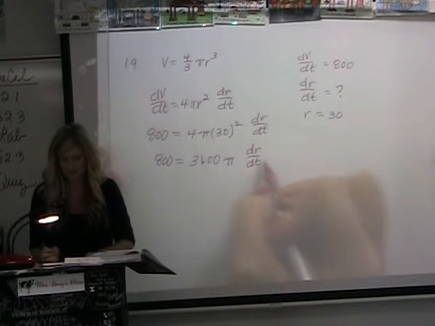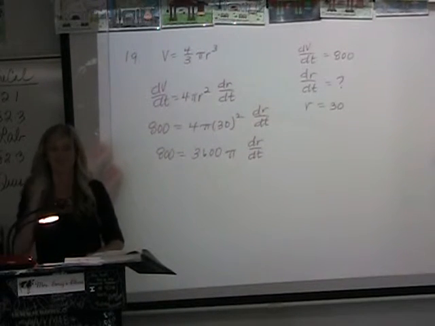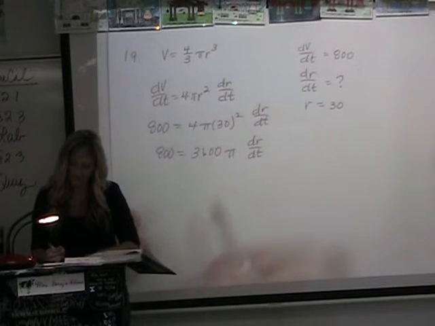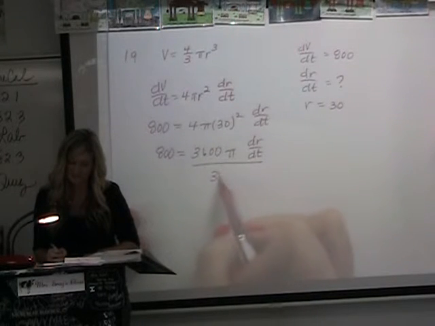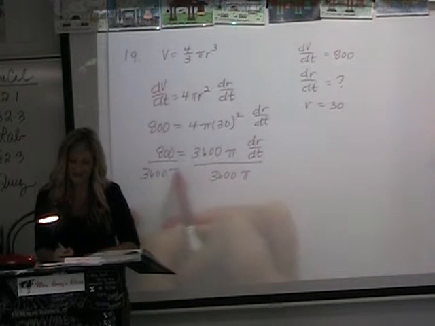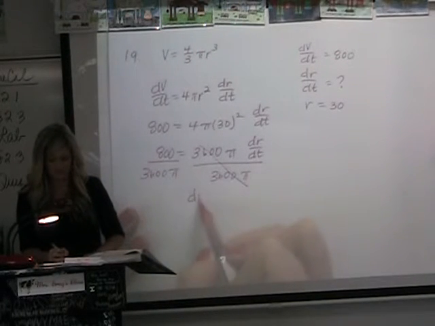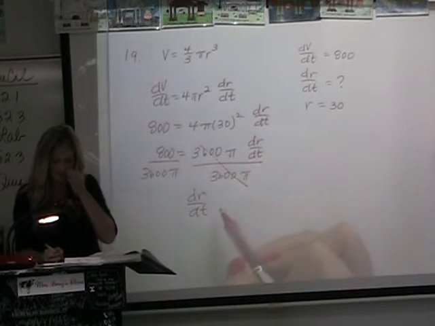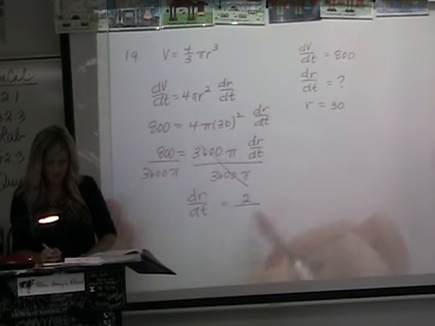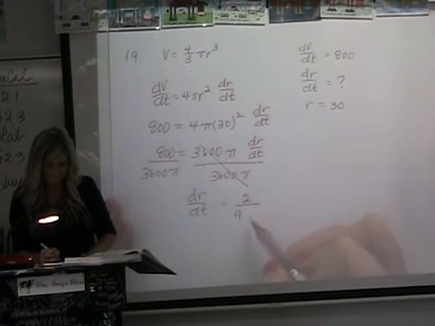Is my calculator working this morning? 4 times 30 squared, 3,600. And then I'm going to divide both sides by 3,600 pi to get dr by dt by itself. And then that will simplify to 2 over 9 pi.